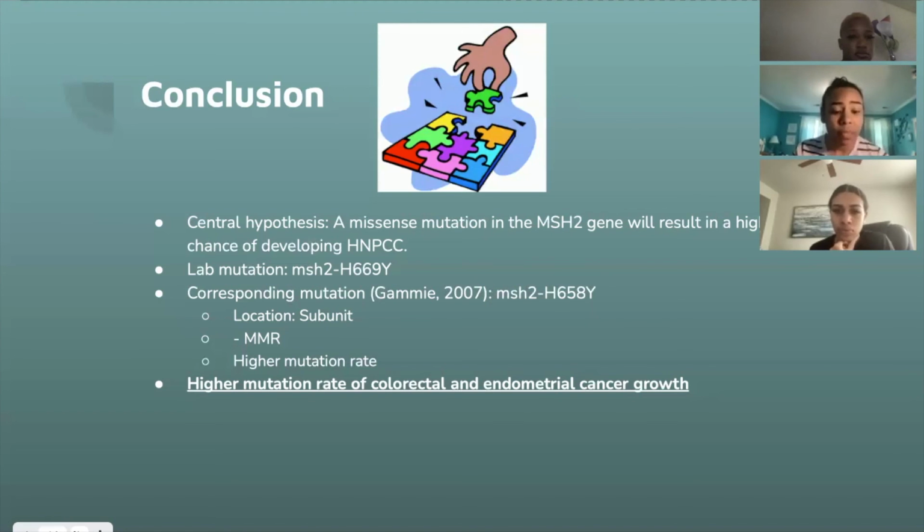So when the mismatch repair mechanism is inactive, it will result in a higher mutation rate, which will thus prove our hypothesis to be correct, that a missense mutation in the MSH2 gene will actually result in a higher chance of developing HNPCC, specifically because these patients can have an MSH2 mutation gene. Next slide.